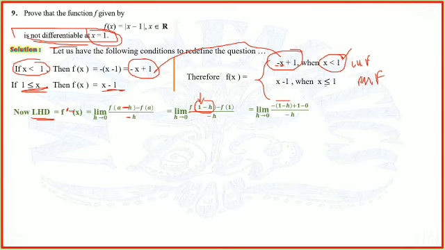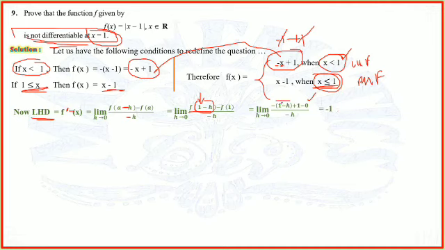And when x is equal to 1, exactly 1. So then 1 minus 1, what is this? X is equal to 1. Then 1 and 1, this also minus 1 and plus 1 will cancel. It is equal to 0 upon minus h, which is equal to, now look here, minus 1.